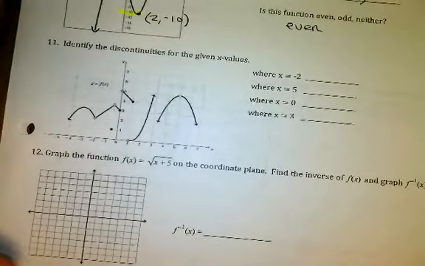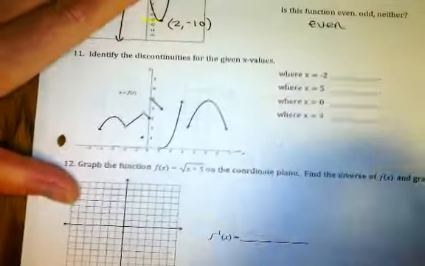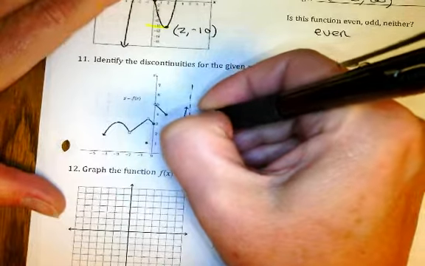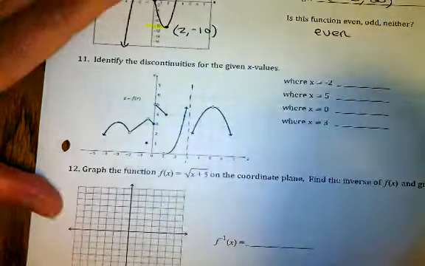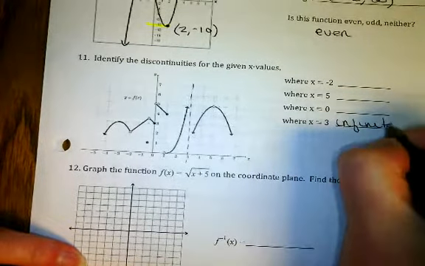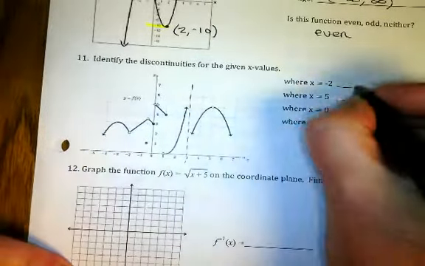All right, as far as the discontinuity goes, oh, that is a dashed line. I didn't notice that earlier. Okay, this is a dashed line. In class, I may not have noticed that, but that is a dashed line. So at x equals 3, that is an infinite. I guess I just thought it was a grid line during class. At x equals -2, that's a removable.